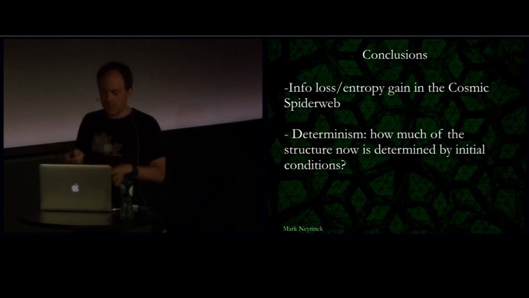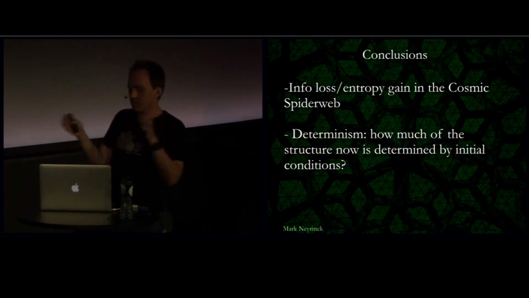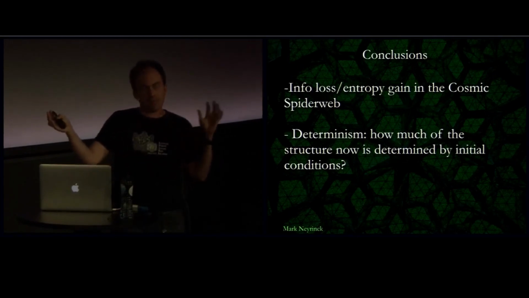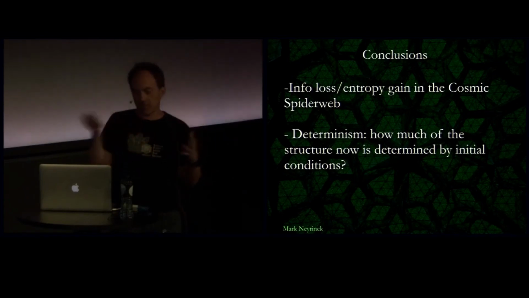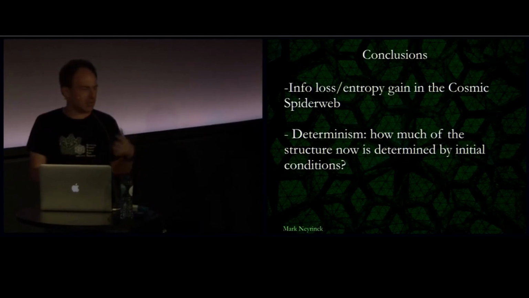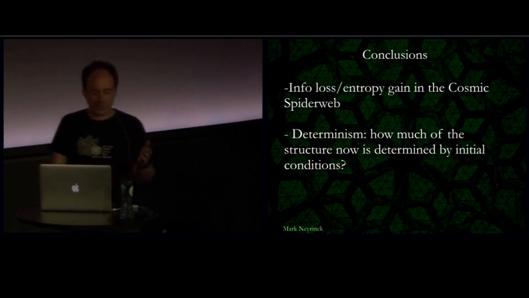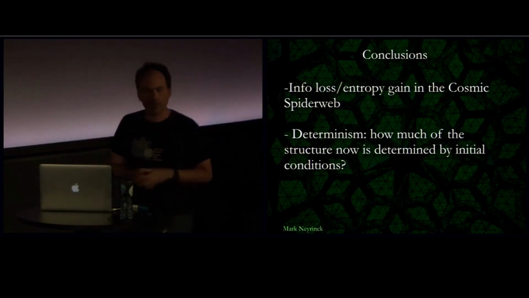In this adhesion model, it's entirely determined by the initial conditions, but it's interesting to think about at what point everything is determined by the initial conditions. We don't think what's going on in this room is entirely determined by the initial conditions of the universe, but at some point there's a transition, which I think is interesting to think about. Thank you.